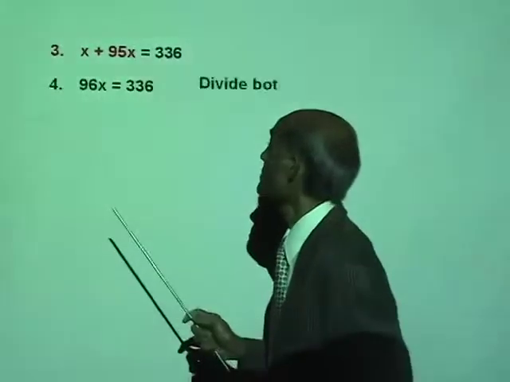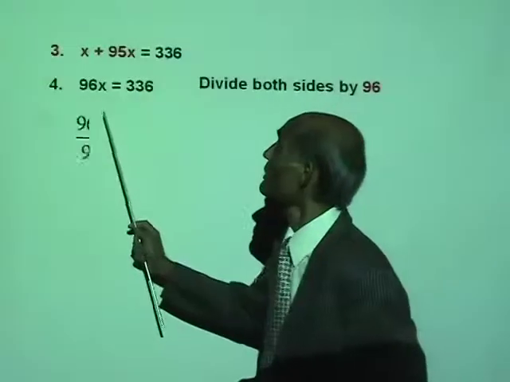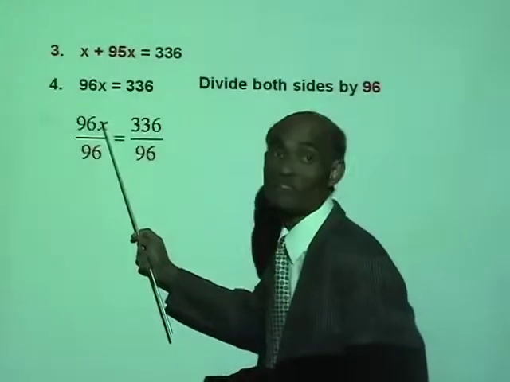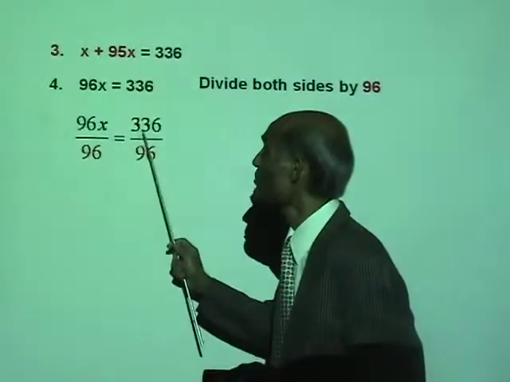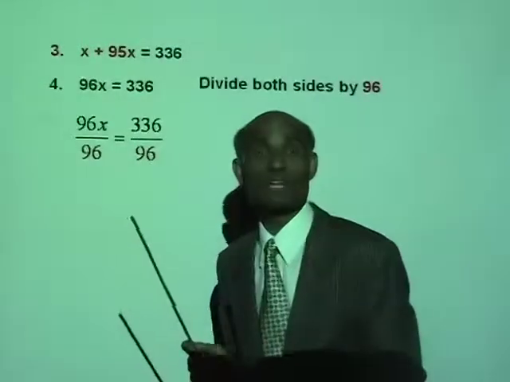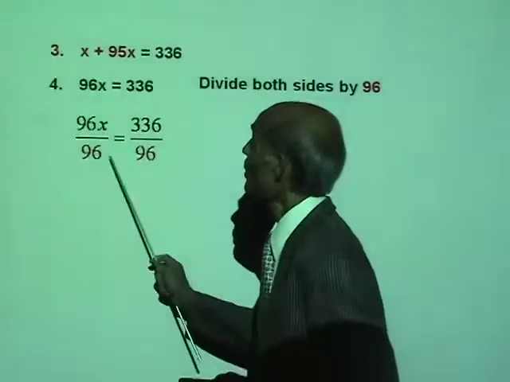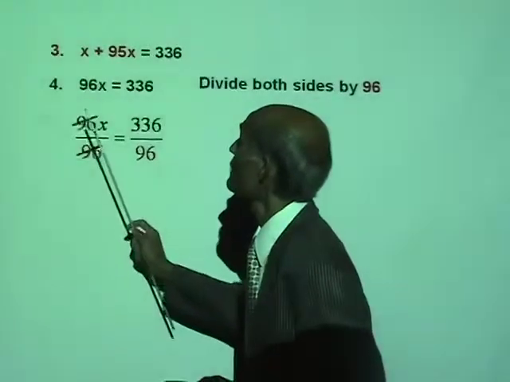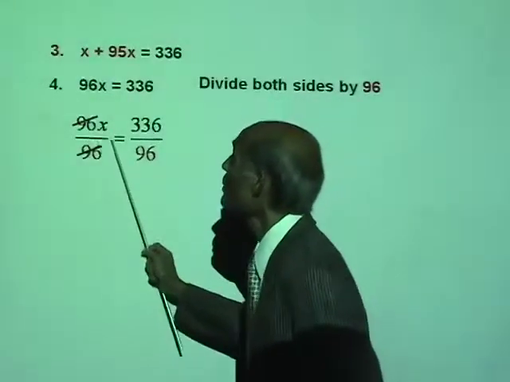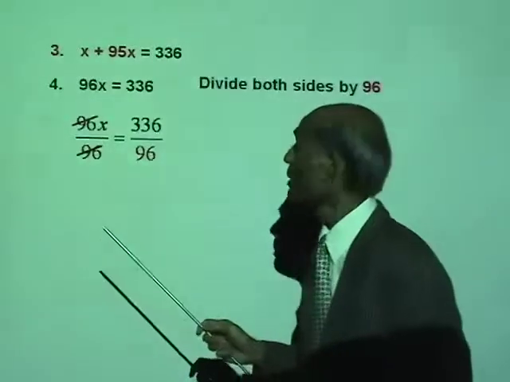Divide both sides by 96. That gives you 96X divided by 96 equal to 336 divided by 96. On the left, the 96 and the 96 will go, you get x alone.